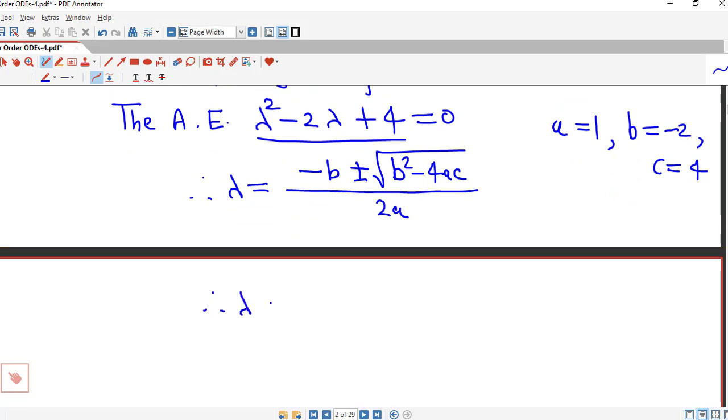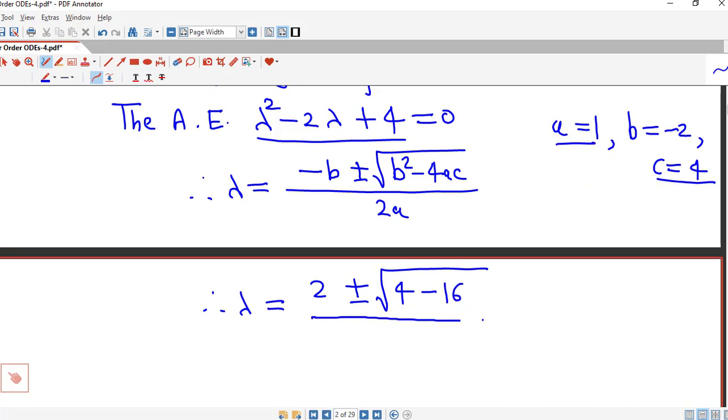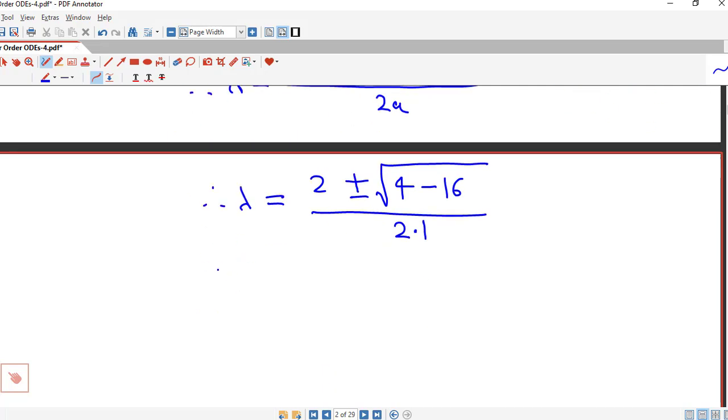Therefore lambda equal to, b is minus 2, so we have 2 plus or minus square root of b square, that is minus 2 square, which is 4, minus 4 into a into c, that is 16, divided by 2 into a, that is 1. Therefore lambda equal to 2 plus or minus square root of 4 minus 16, that is minus 12, divided by 2.